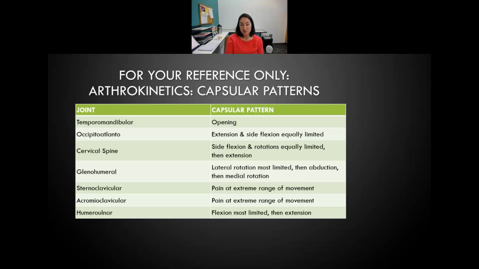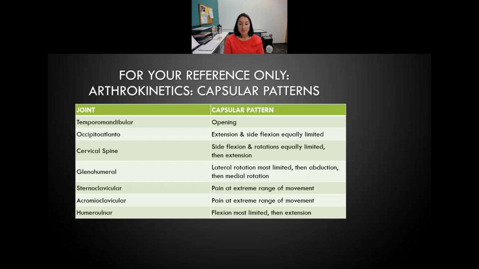Remember, we talked about that firm end feel, and when you feel that, you also typically will notice that certain movements are limited in a specific pattern consistent with that capsule being tight. So for example, with the cervical spine, side flexion and rotation are the most limited, and then extension is next. So it's not as limited as flexion and rotation. So that's how you read that chart.